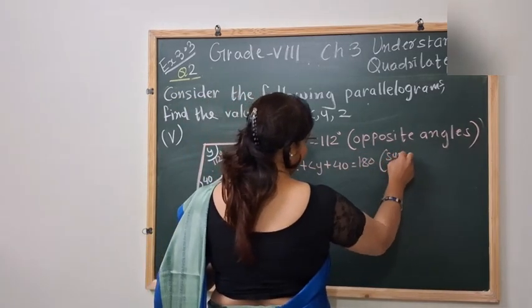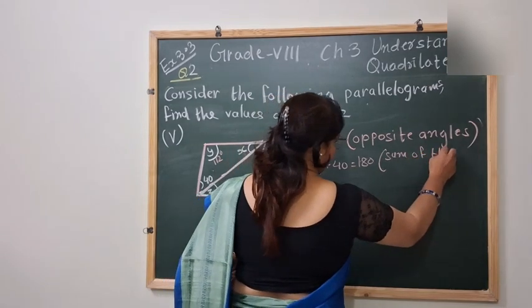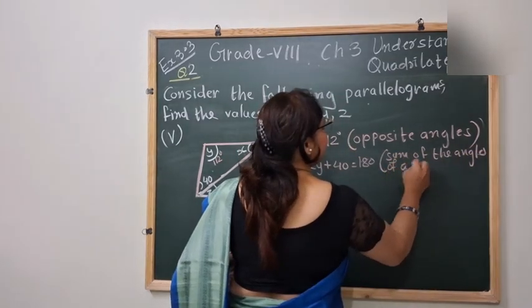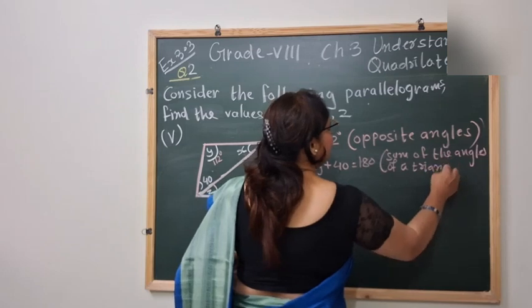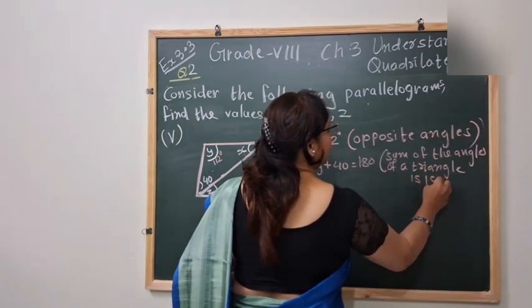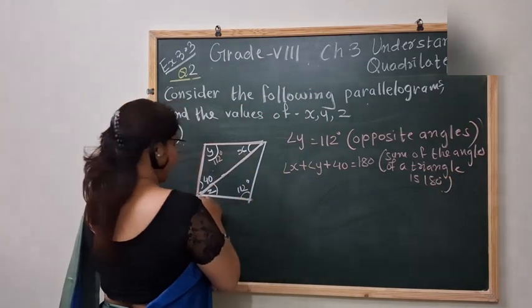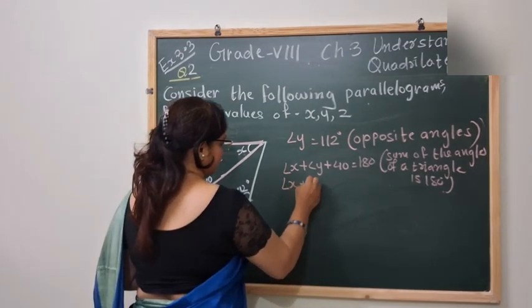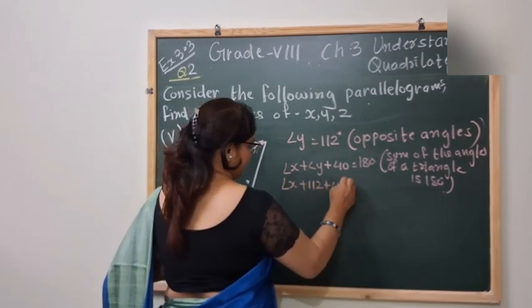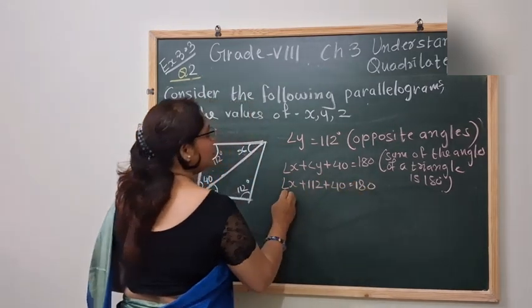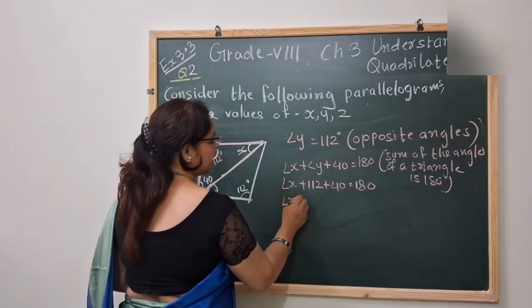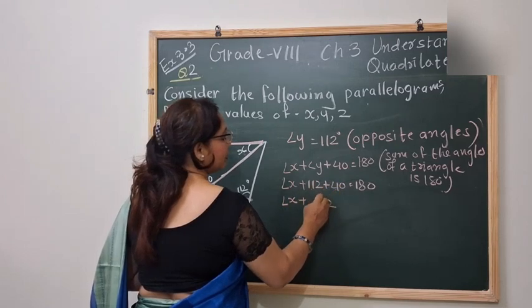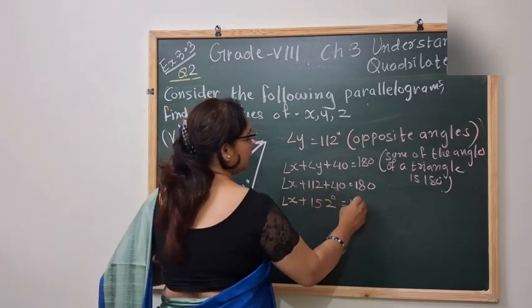Sum of the angles of a triangle is 180 degrees. So can I write angle x plus angle y, which is equal to 112, plus 40. So angle x plus 152 degrees is equal to 180.